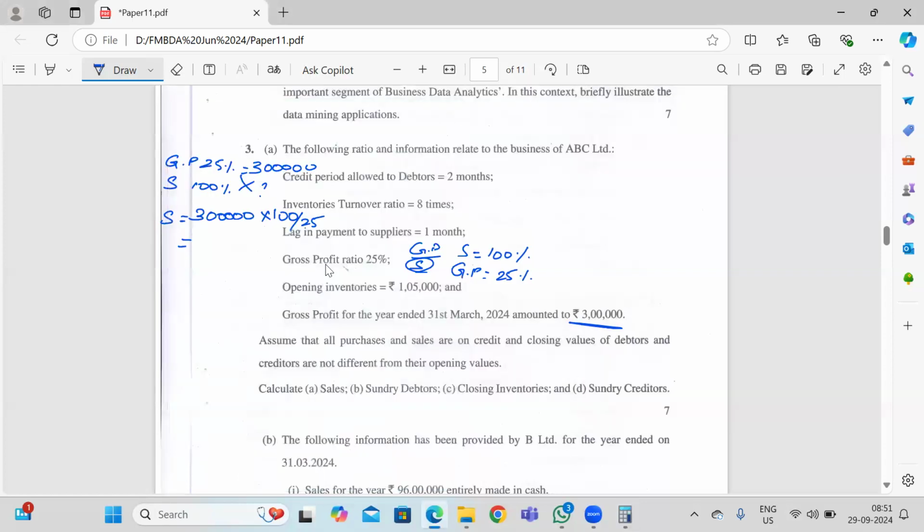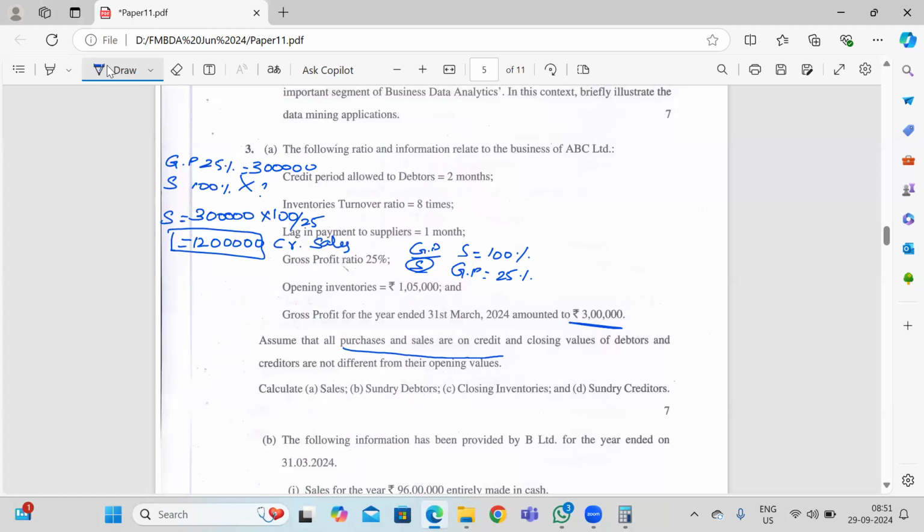So my sales will be 12 lakhs. Here they have told all purchases and sales are on credit, so this entire 12 lakhs will be credit sales.